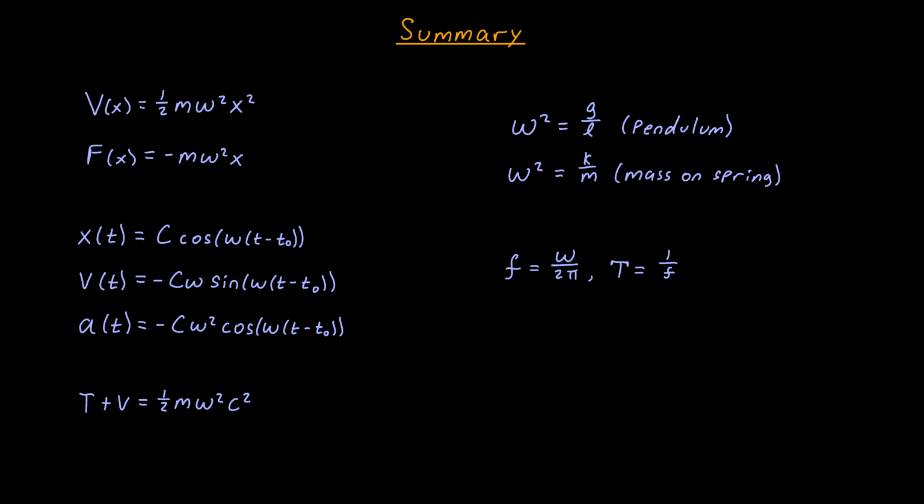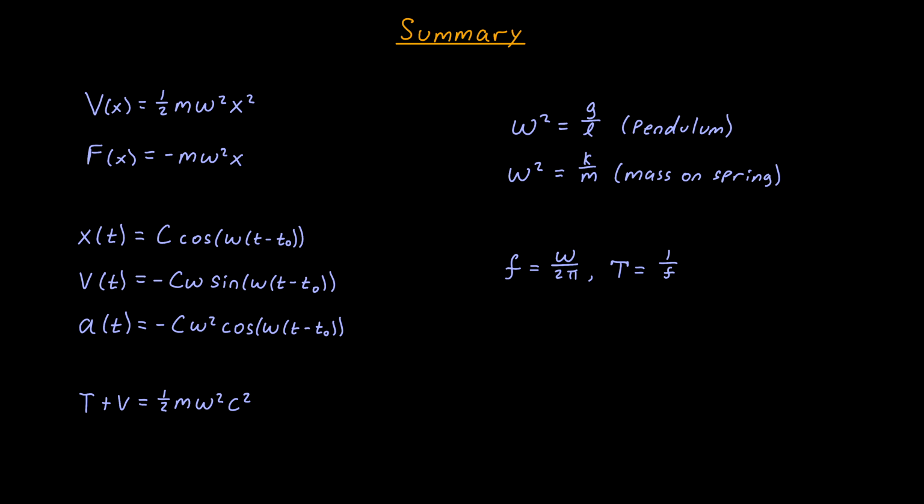Another common measure for how quickly a system is oscillating isn't how many radians per second it covers, but how many cycles per second it covers. That's called the cyclic frequency, and it's measured in hertz and denoted by the letter f. And the relationship between how many cycles you cover and how many radians you cover is just a factor of 2 pi. So if you know how many radians you cover, which is omega every second, and you divide that by 2 pi, you get the number of cycles you cover every second.